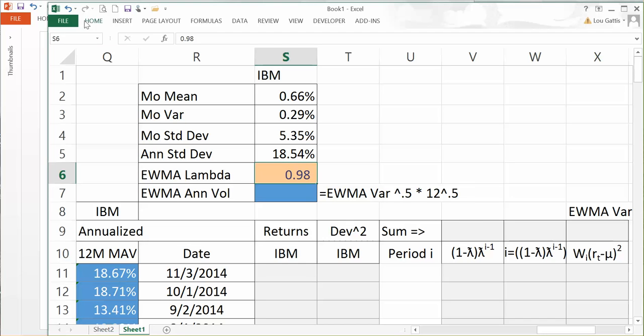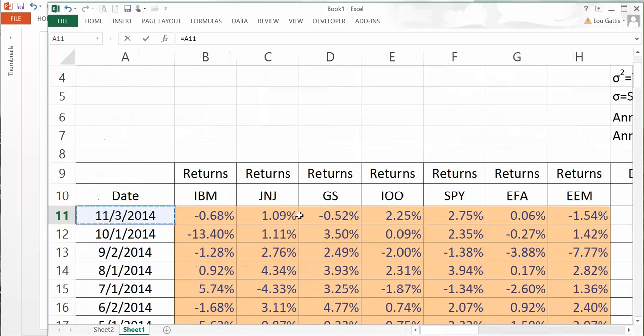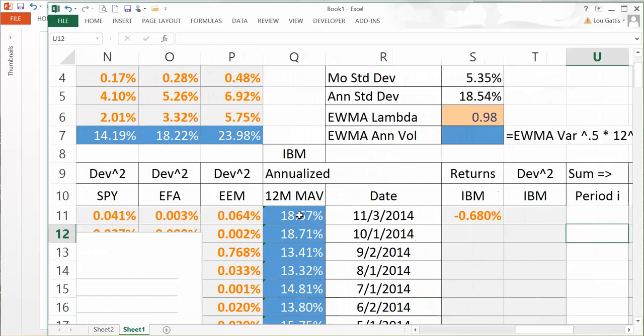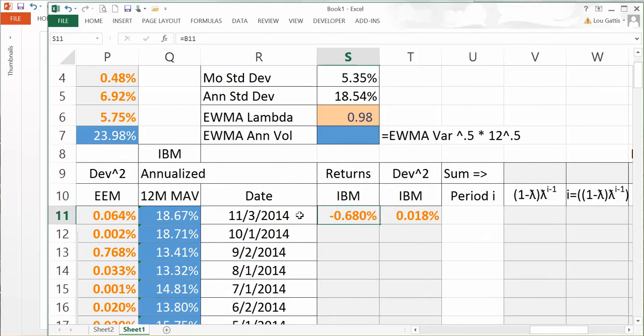And actually, let me give that a named range. We'll call that lambda. All right, so 0.98 is lambda. Let me go ahead and just link over returns for IBM. And here are the squared deviations for IBM.